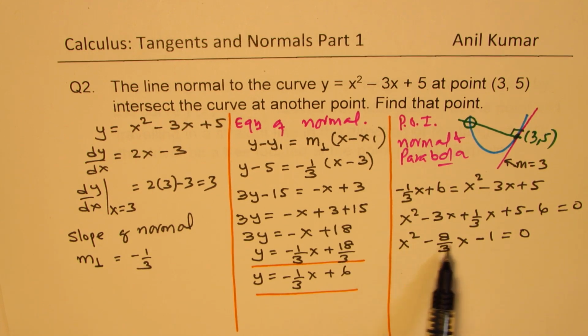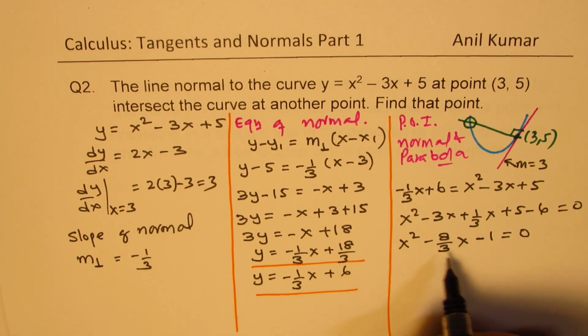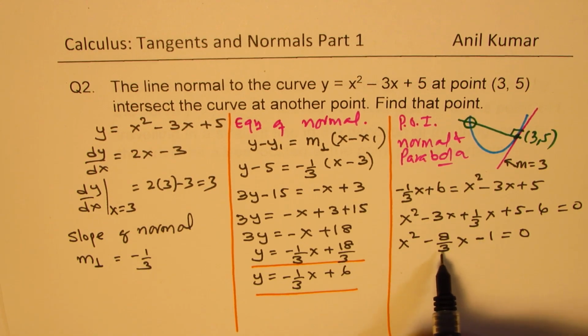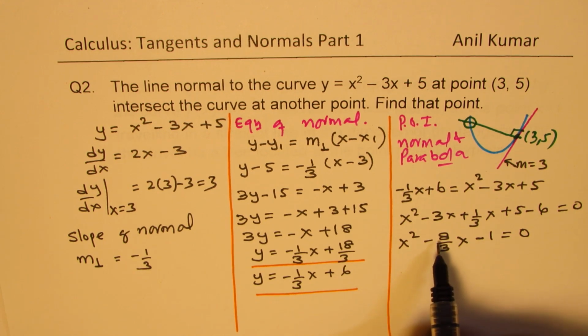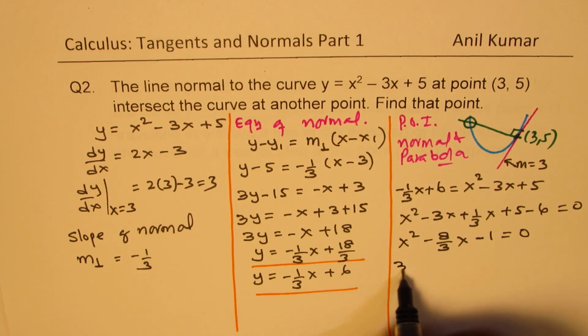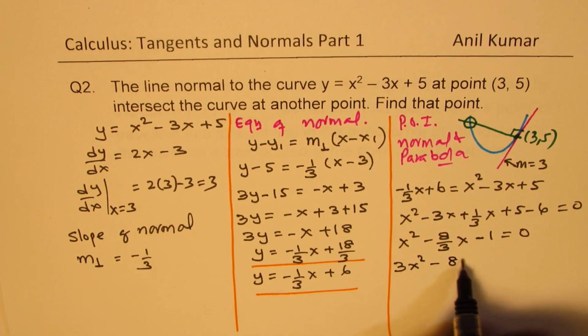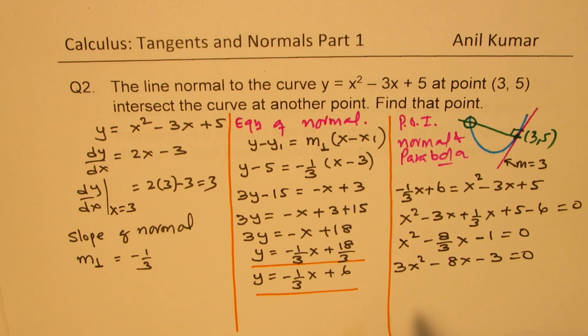We could just multiply by 3 also, because 3 times 3 is 9, minus 9 and minus 8, we could solve better. So let's multiply by 3. We get 3x squared minus 8x minus 3 equals 0.